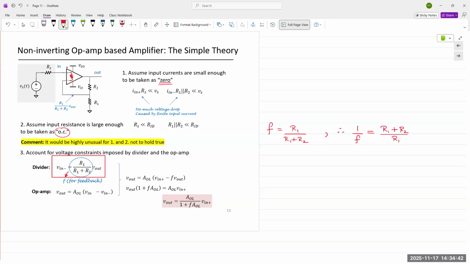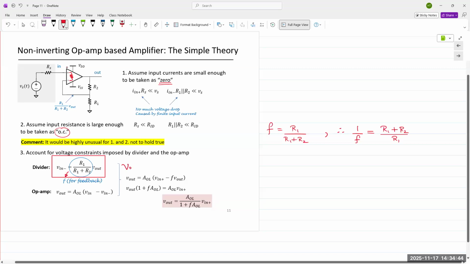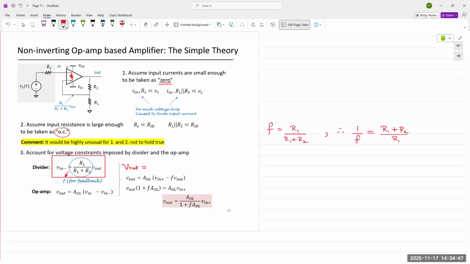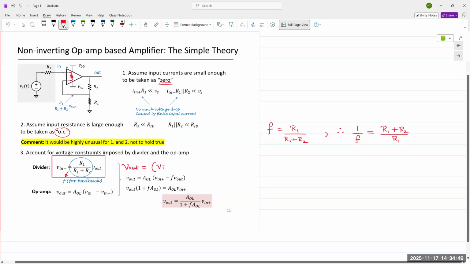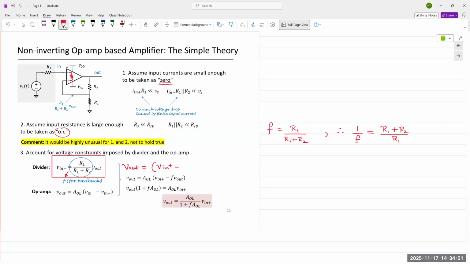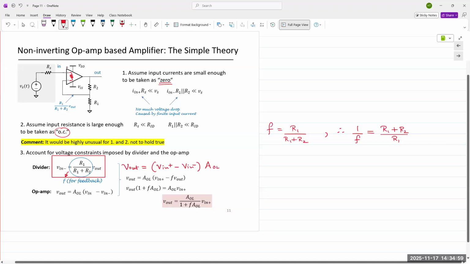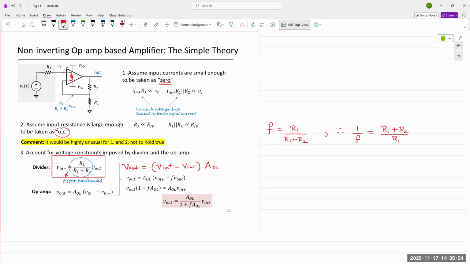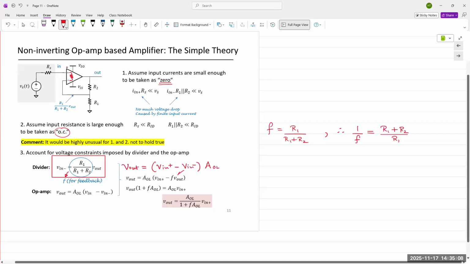V out is the difference between the two terminals times the open loop gain AOL. The differential input is V in plus minus V in minus, times AOL. V in minus is replaced with F times V out.